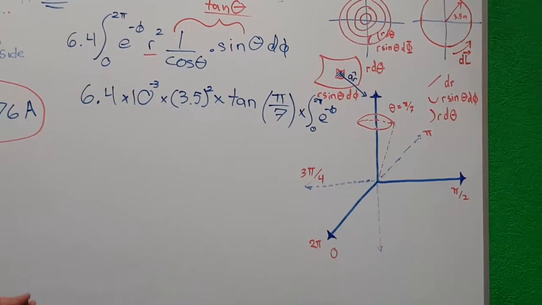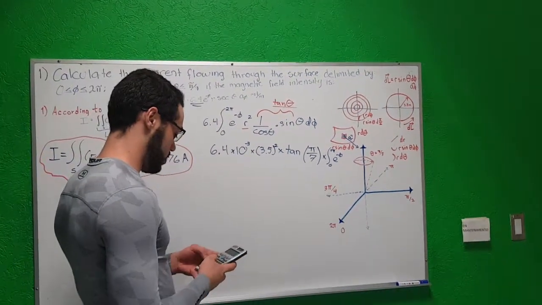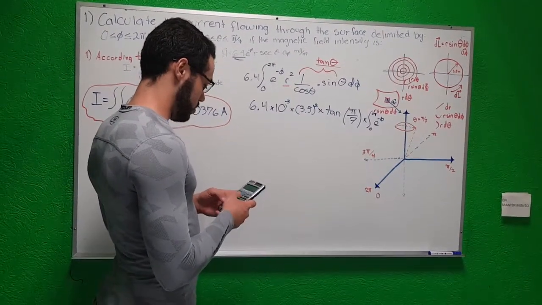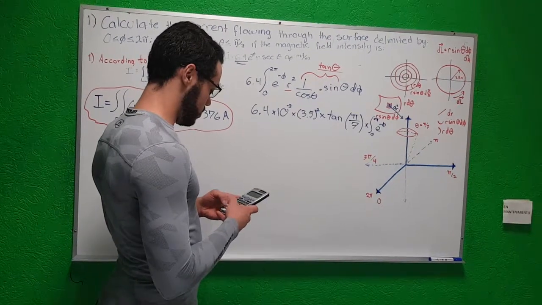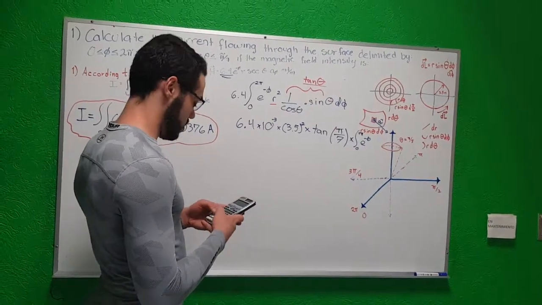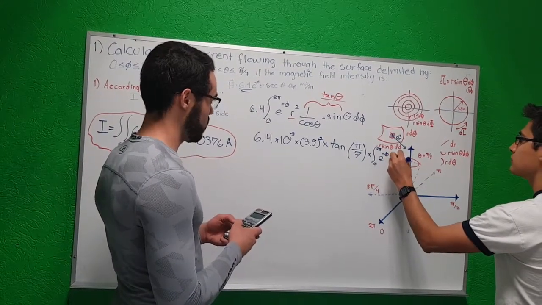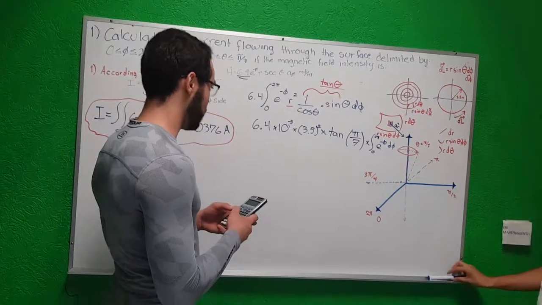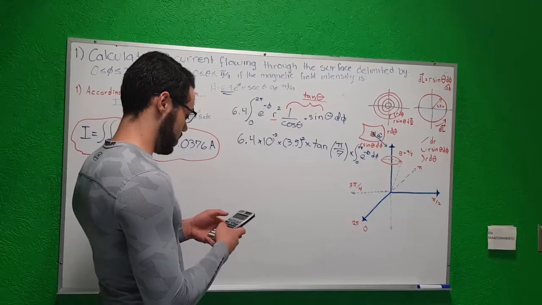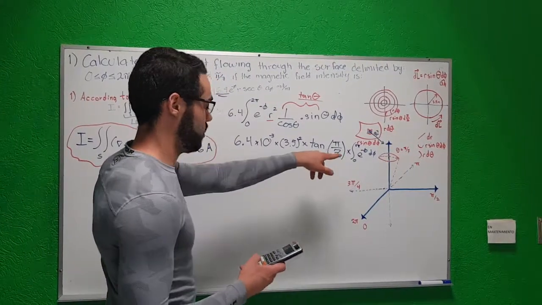If I put all that in my calculator, let me see what I get. 6.4 times 10 to the minus 3 times 3.5 squared times tangent of pi over 7, and I'm gonna do all of these and then the integral.